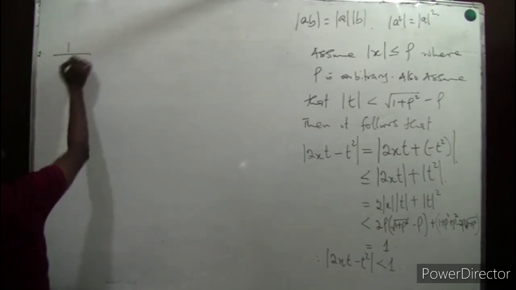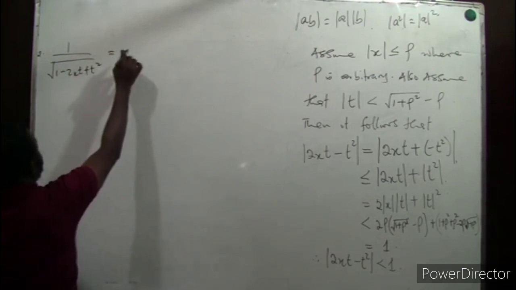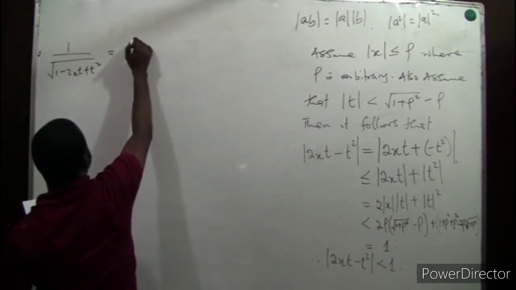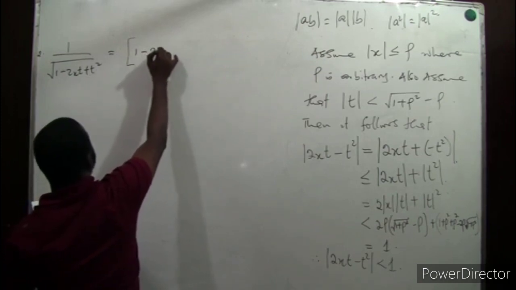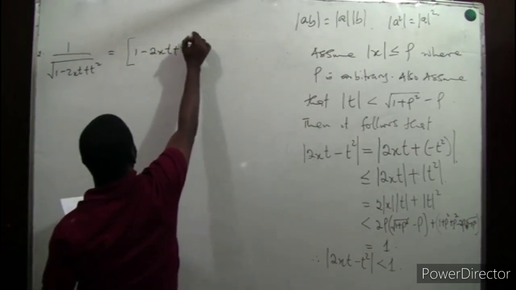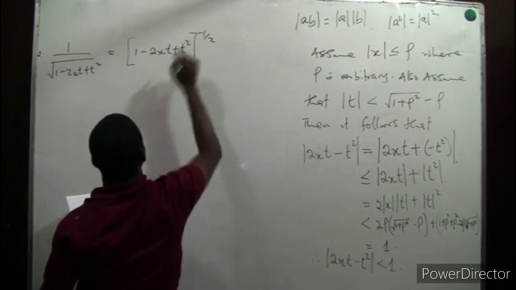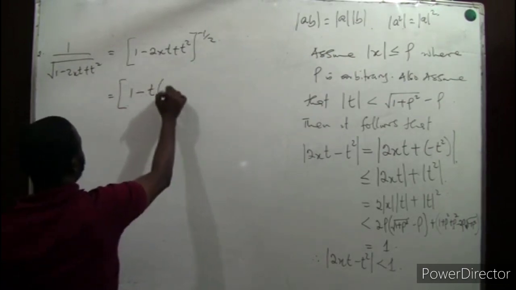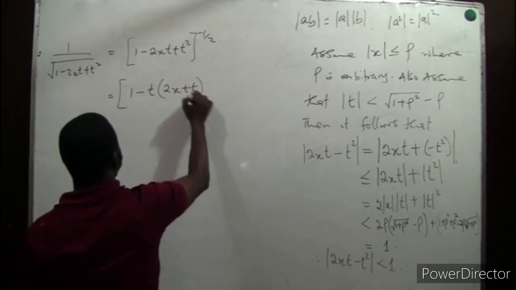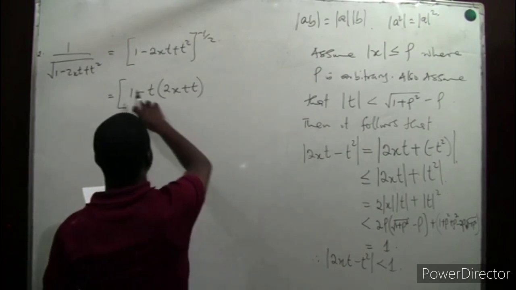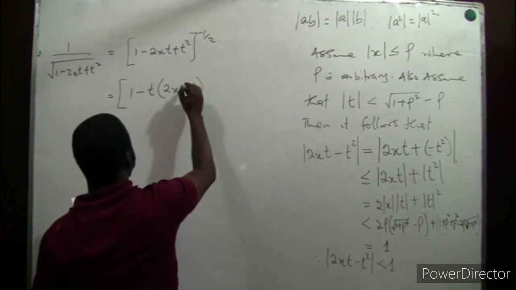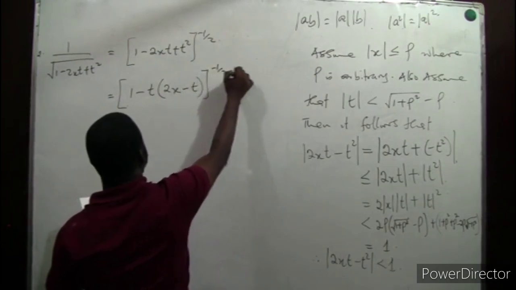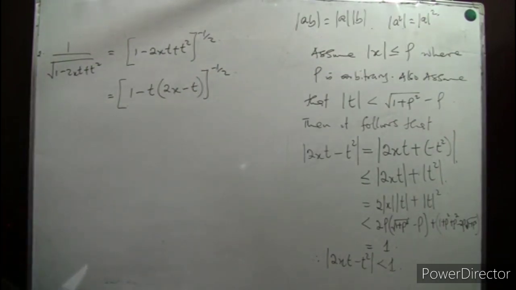Now we can write this one as 1 divided by square root of 1 minus 2xt plus t squared as brackets 1 minus 2xt plus t squared raised to power minus half, which can eventually be written as bracket 1 minus t into 2x plus t, minus t everything raised to power minus half. So we can now expand what we have using binomial expansion.